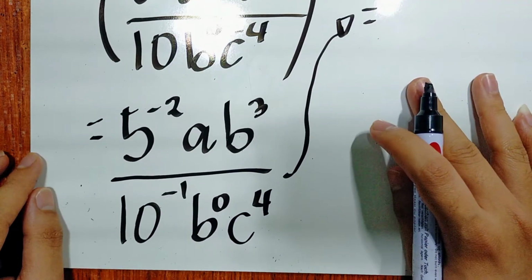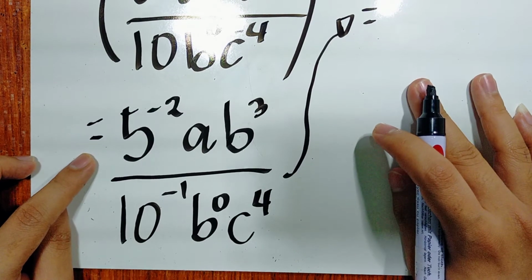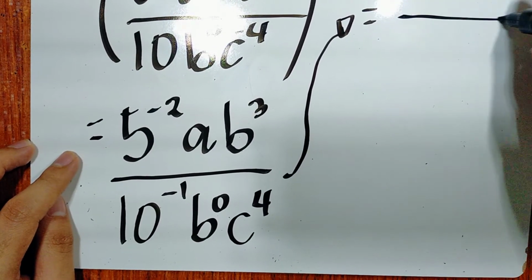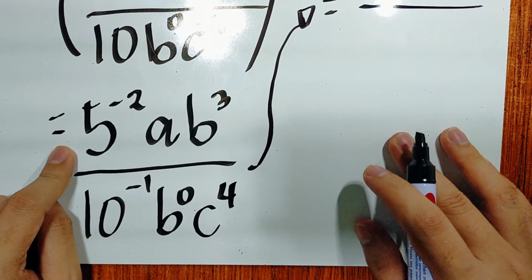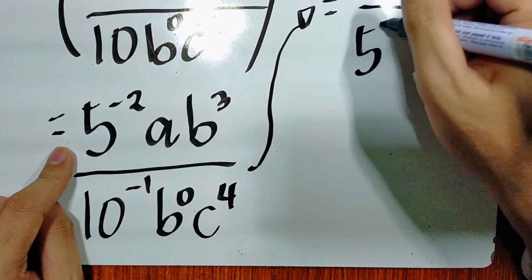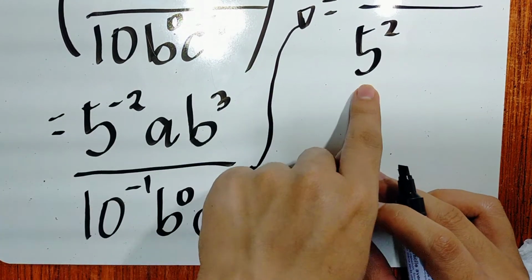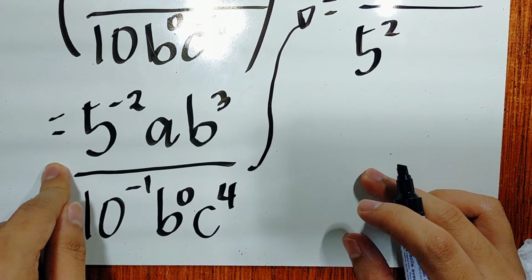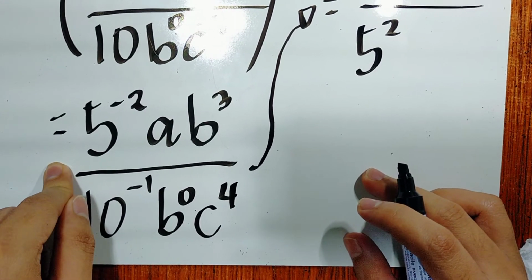So, again, ililipat natin sa taas or sa baba yung may mga negative exponent. So, lagay mo na agad dyan yung bar mo. So, this will become nasa baba. Bababa natin to since 5 raised to negative 2, kailangan natin siyang maging positive. Next.